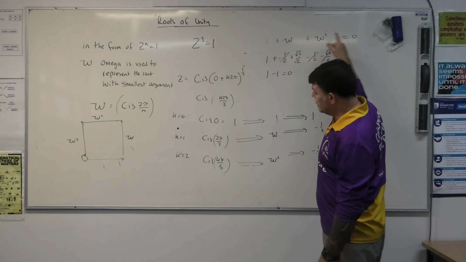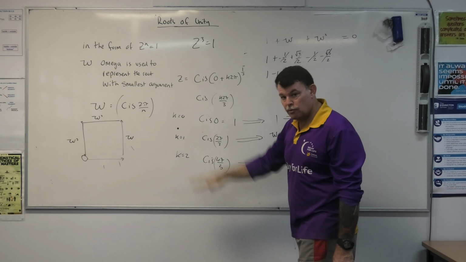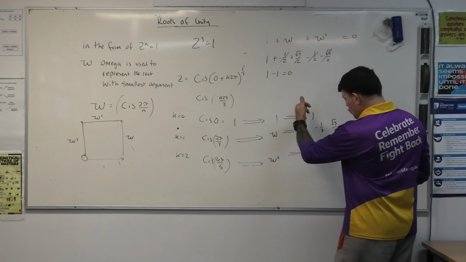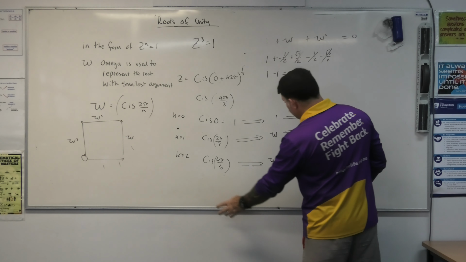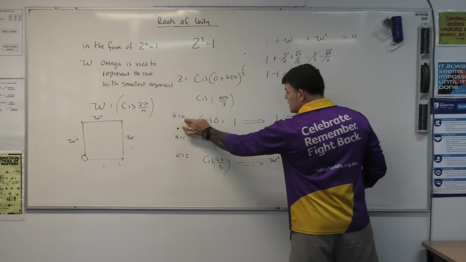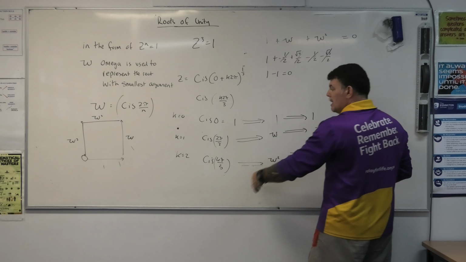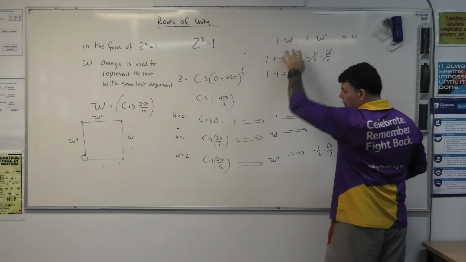Okay, so when it comes to roots of unity, we're now carrying on from what we did with roots of complex numbers, but instead of calculating your coordinates or your positions in polar form, we now say k equals 0 is your initial point, so that gives us 1. You're always going to have 1. The smallest possible argument when k equals 1 is now represented by omega.